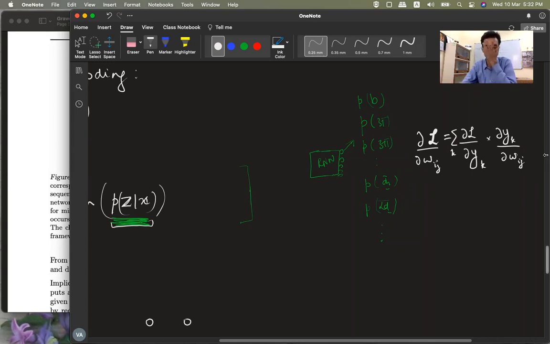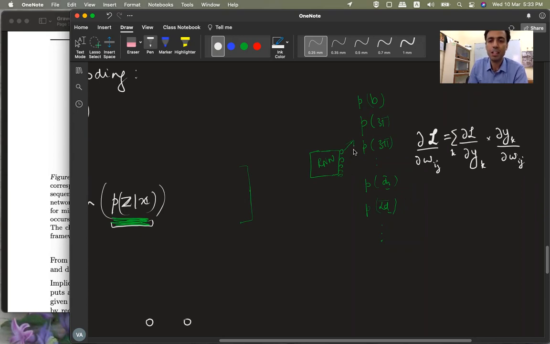In this way you always apply the chain rule. You go from your loss function to your output, then output to the previous layer, previous layer, previous layer, until you reach Wij. So that is what you do.